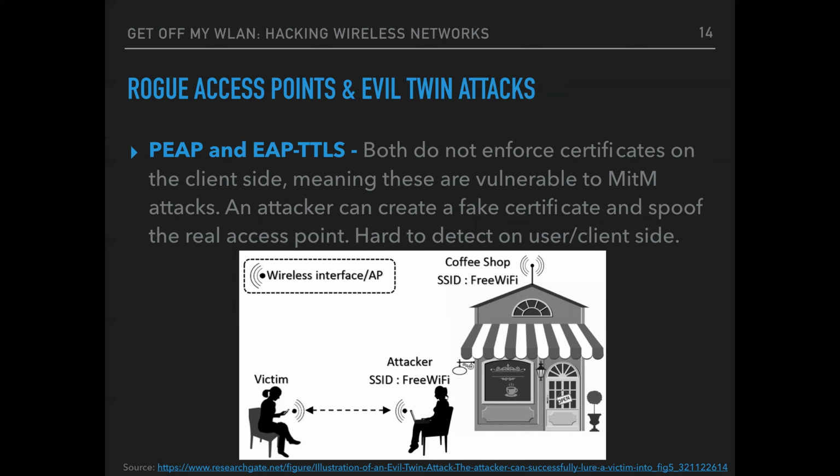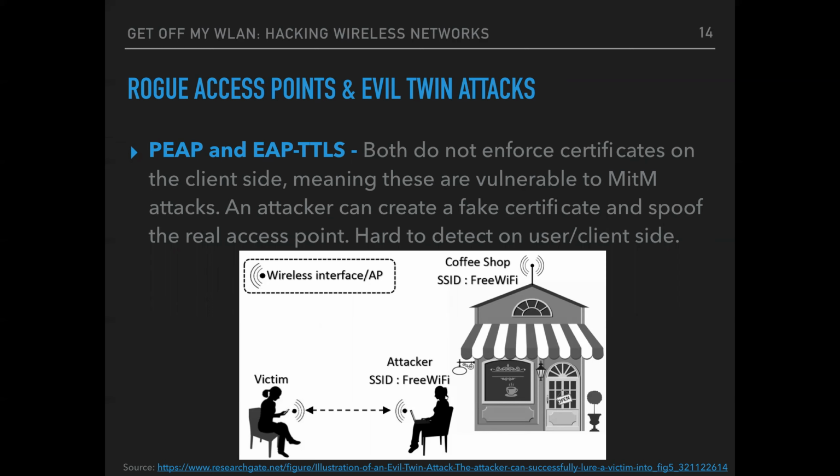And depending on how close you are to the access point, your wireless device will connect to the access point with the strongest signal. And if your device recognizes that you've connected to the same network previously, it marks this network as known or trusted. So looking at the diagram, we have a coffee shop with the ESSID of Free Wi-Fi, and we have an attacker and a victim sitting outside.